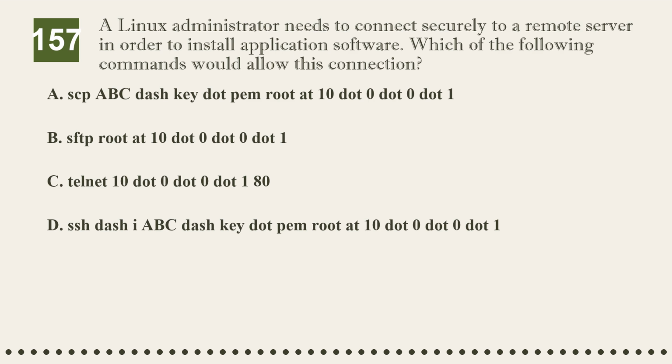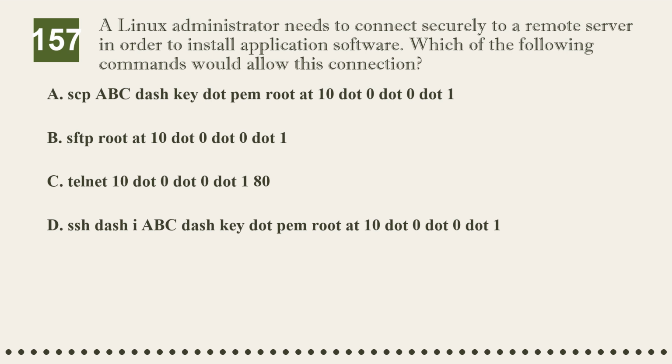Question 157. A Linux administrator needs to connect securely to a remote server in order to install application software. Which of the following commands would allow this connection? Option A, scp -i abc-key.pem root@10.0.0.1. Option B, sftp root@10.0.0.1. Option C, telnet 10.0.0.1.